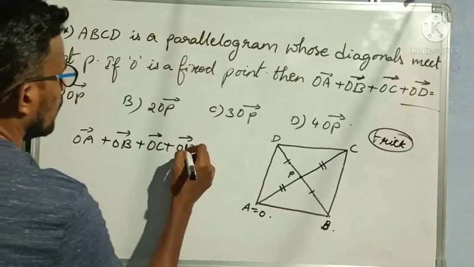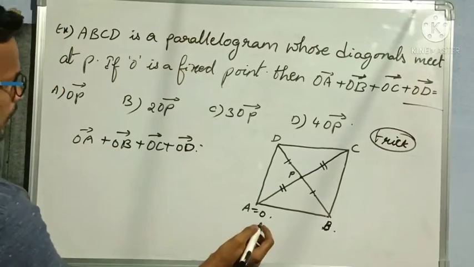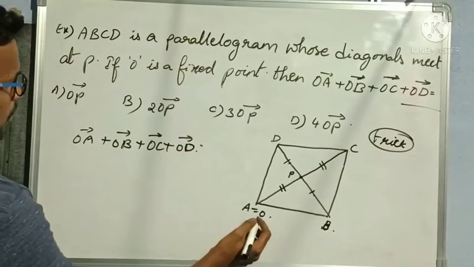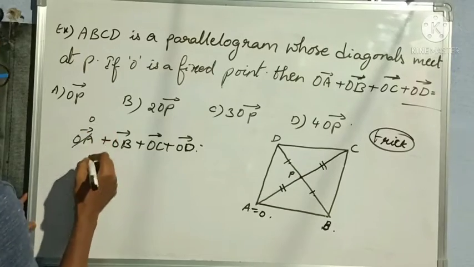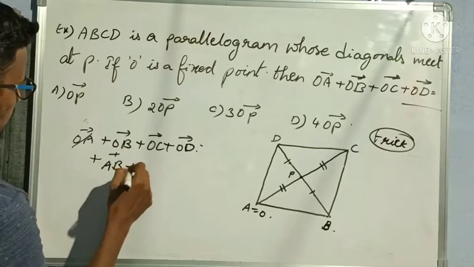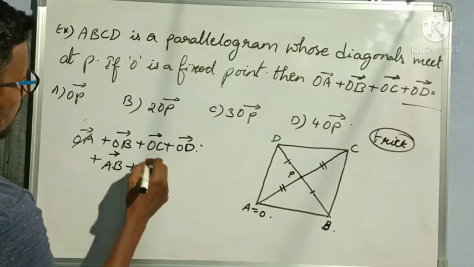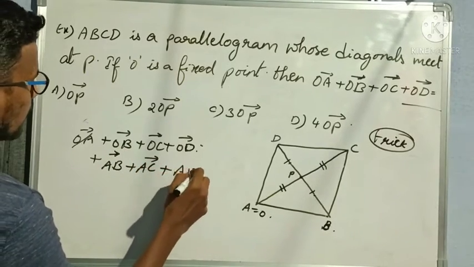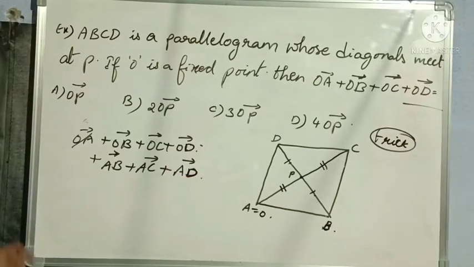Now anyhow A is nothing but O, so OA means not possible, so cancel. Plus, in the place of O, I should write A: AB plus AC plus AD.